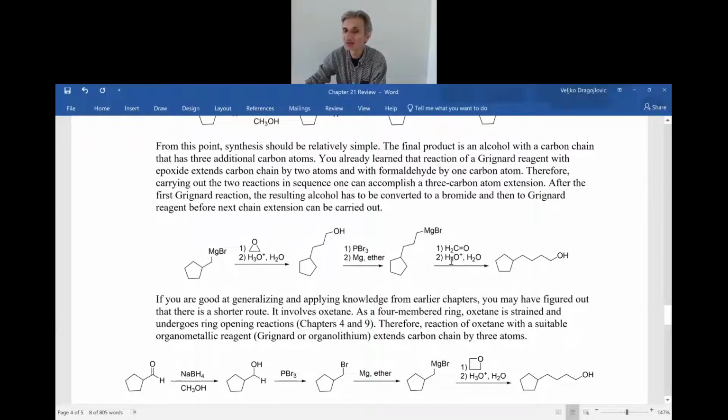That's formaldehyde. And followed by acidic workup, we get the target molecule. These 2 steps could be reversed. We can either first extend carbon chain by 2 carbons and then 1, as in this case, or we can extend it first by 1 carbon and then 2. Doesn't matter. Either way, it works.